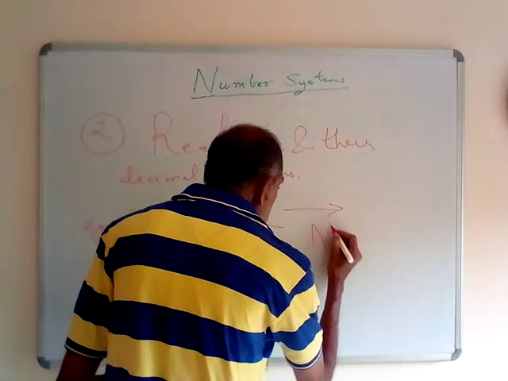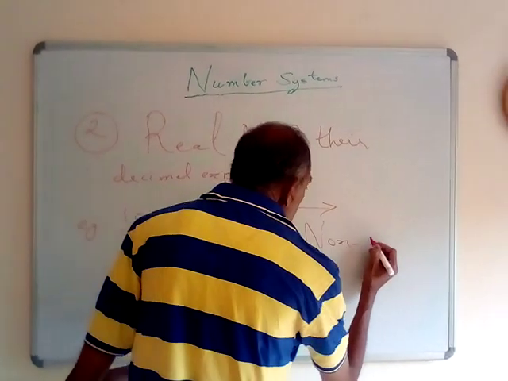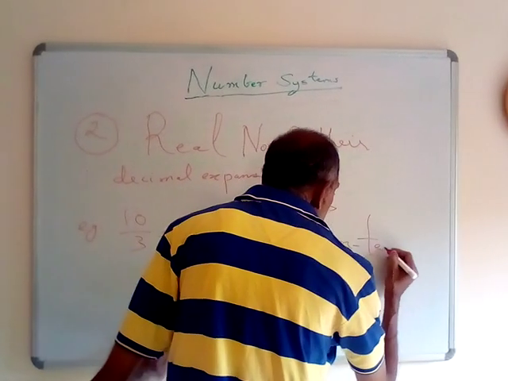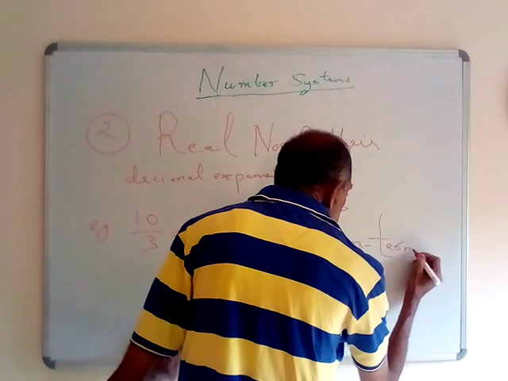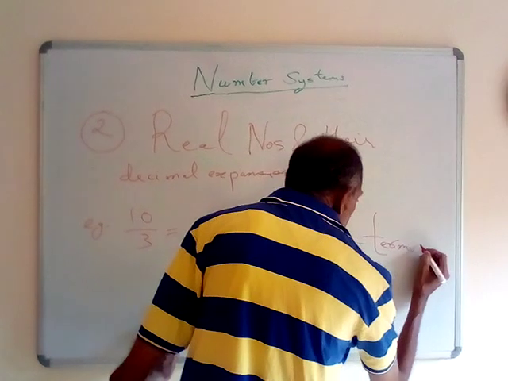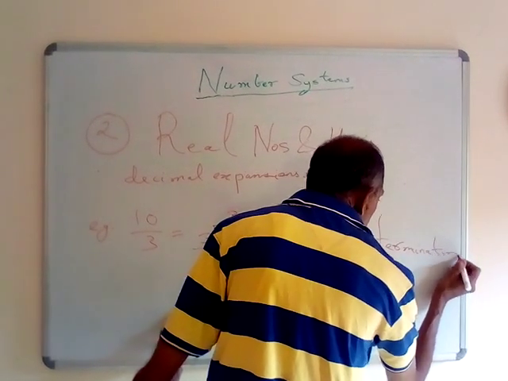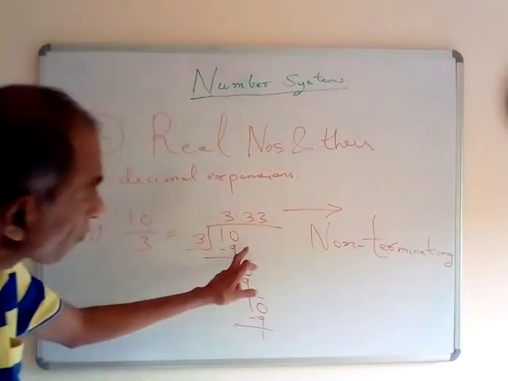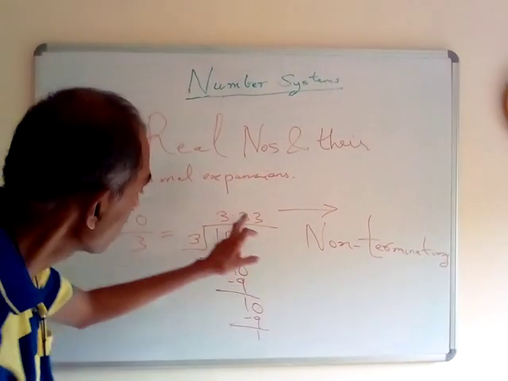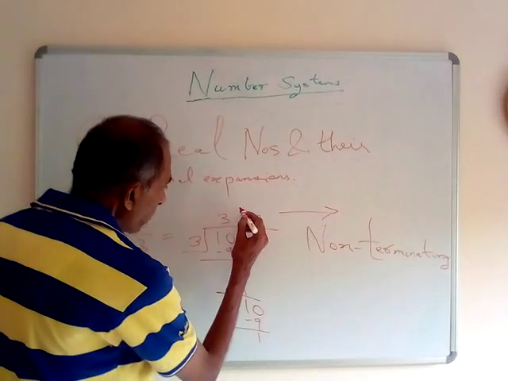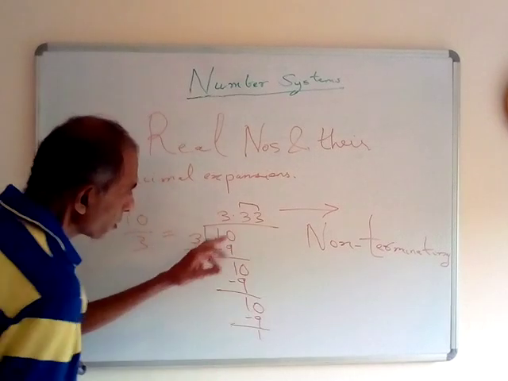This is an example of non-terminating but repeating, because this 3 is going on repeating. 3.33.